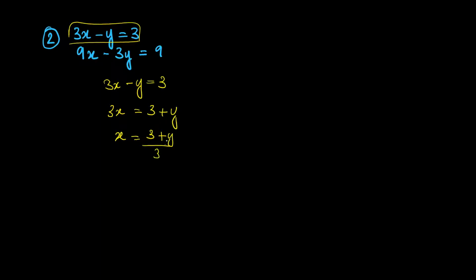Now I'm going to replace this value of x in the second equation, which is going to give me 9. So I have 3 plus y by 3, and I have minus 3y equals 9.